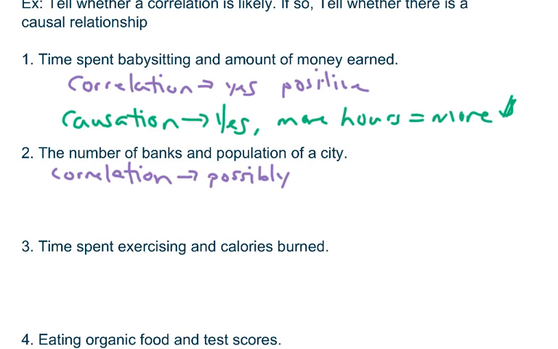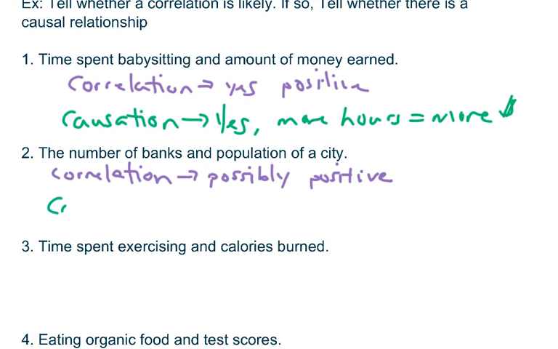My reasoning would be, if Applington got another bank in addition to Lincoln Savings Bank, would the population of Applington increase? We really can't say that. Maybe it would. I think it would be the other way around. If we increase the population, we might get more banks, but that's not what we're doing. We're trying to determine if we increase the number of banks, will the population go up? Possibly. It would be positive, but we can't say that for sure.